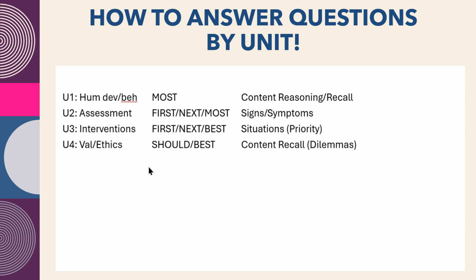Okay, so just remember that you're also learning how to answer most questions in this unit as well. So remember, it's content reasoning as well as some recall of the content that you're studying.